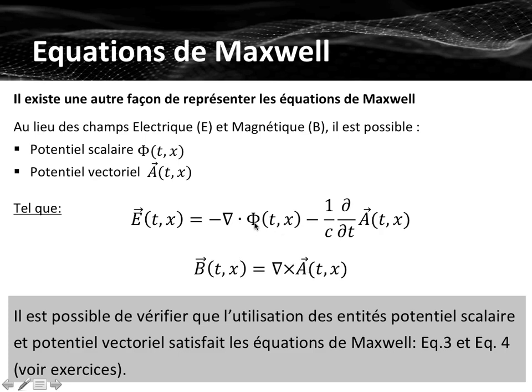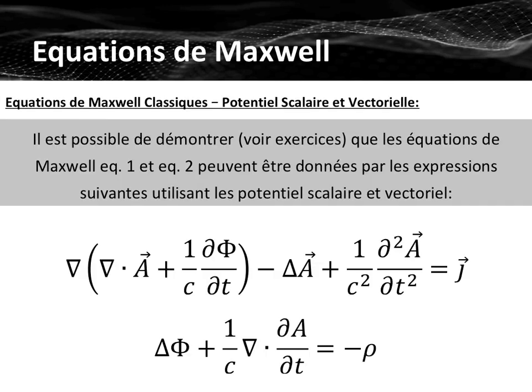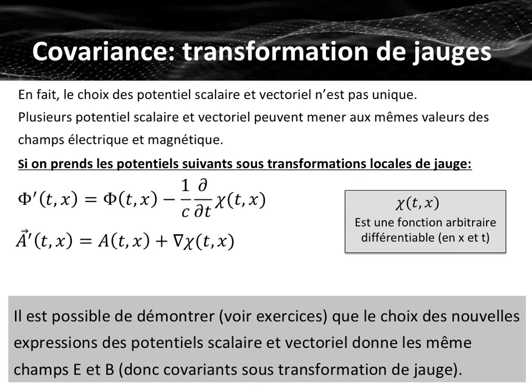Now, if you replace phi prime and A prime by their expressions with the gauge transformation, you will end up having E prime equal E, which means that whatever the choice of phi and A, whether it's phi or phi prime, whether it's A or A prime, but they have to be both in the same gauge, then the electric field and the magnetic field wouldn't change. And this is why we're saying that the choice of phi and A is not unique. Okay? You can do this exercise very easily.